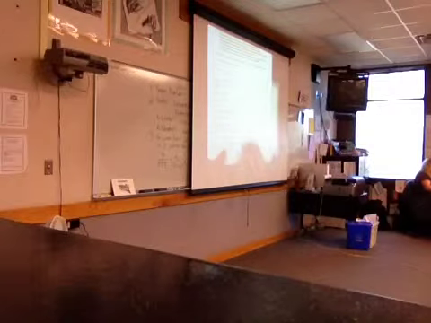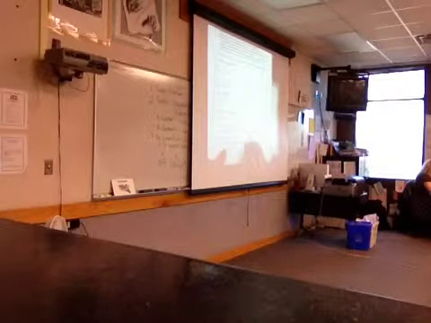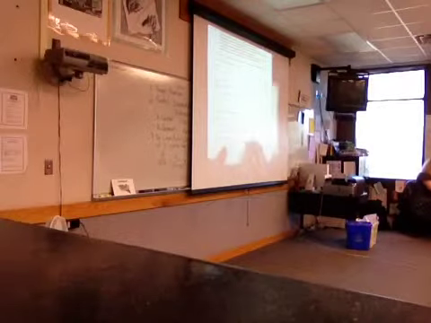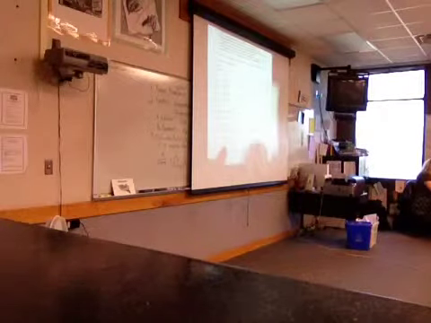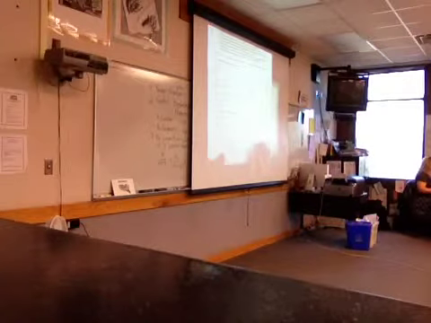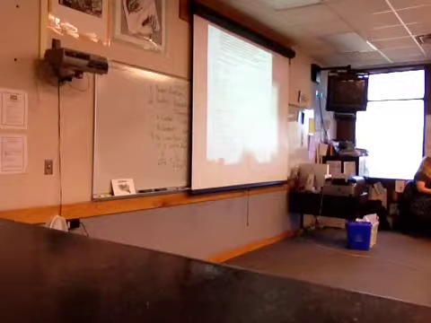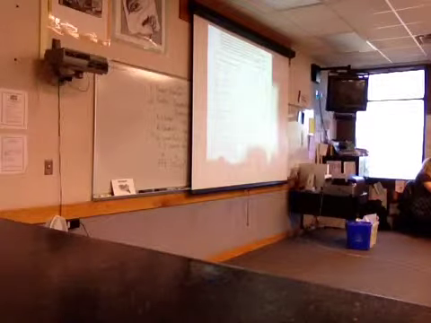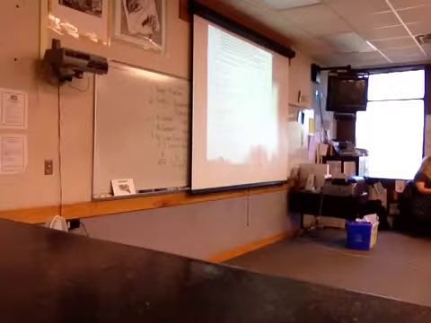Okay, so we've got 1 is equal to 2a, but we know a is negative b, plus 3b plus c. So we've got negative 2b and 3b. What does that make it? 1 equals b plus c.